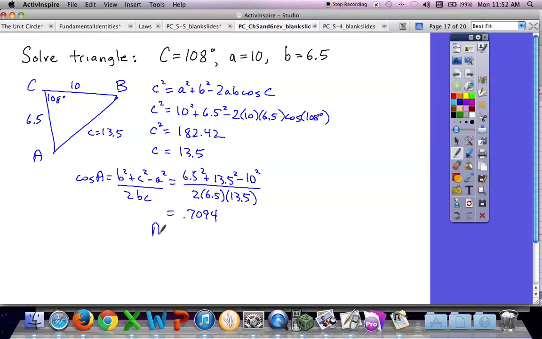So the angle A would be the cosine inverse of that, which is 44.8 degrees. And now that we know the 44.8, we can subtract from 180 to find angle B. 180 minus 108 minus 44.8 is 27.2 degrees.